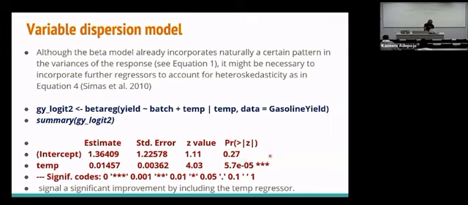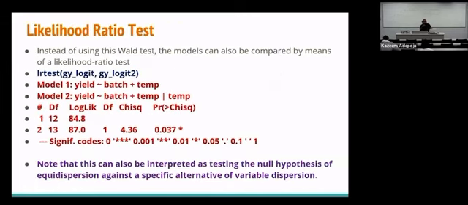Now another way we can look at it is to use the idea of a likelihood ratio test. Take a look at this. We have two models. Look at the first one.